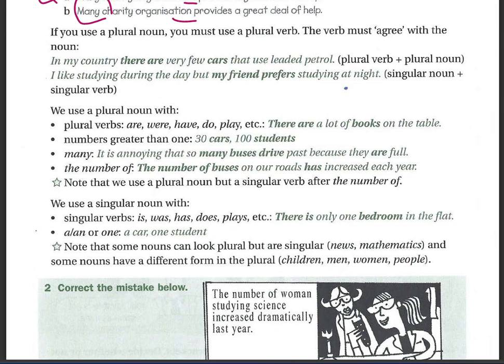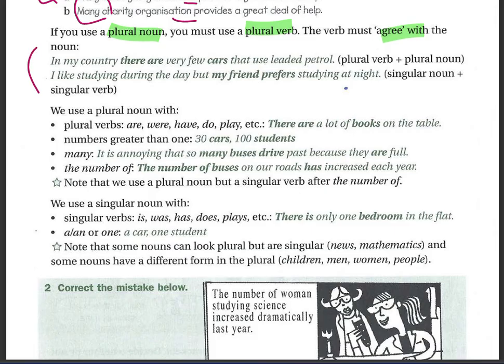If you use a plural noun, you must use a plural verb. The verb must agree with the noun. So we have here the noun-verb agreement. So it's really important in your sentences to be careful. If you use a plural noun, please use a plural verb. Look at here.